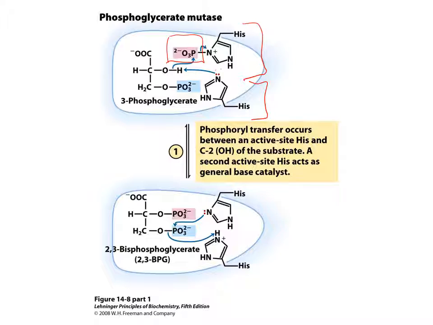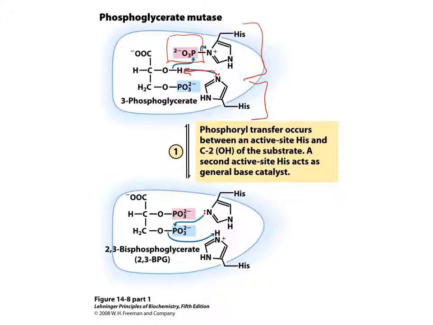Again, just like most of the reactions in our glycolysis, this is a reversible reaction, and this is what happens. One of the histidines that has a nitrogen with 2 valence electrons actually takes away the hydrogen on carbon 2.